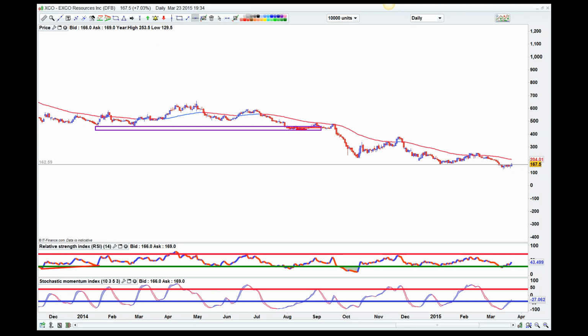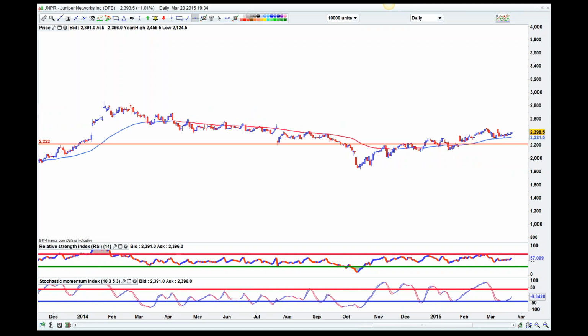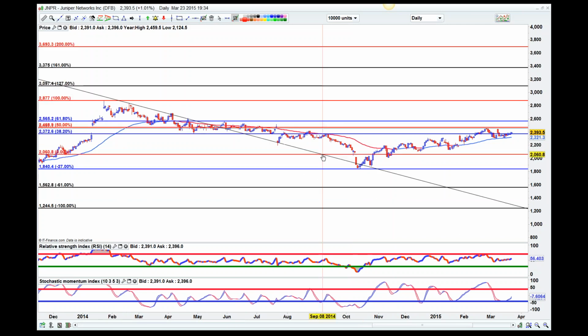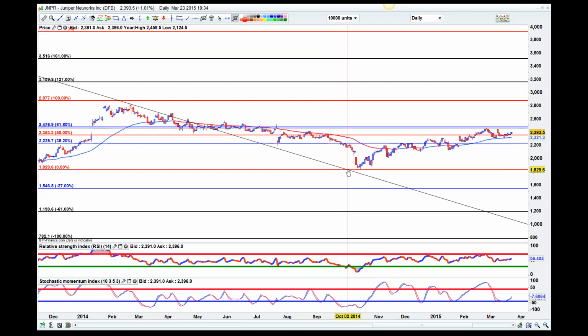Let's just look at some tech and then we'll get away from these screens. Where's my tech gone? This is Juniper Networks. This is the kind of stock that reacts well to a steady incline in the indices.